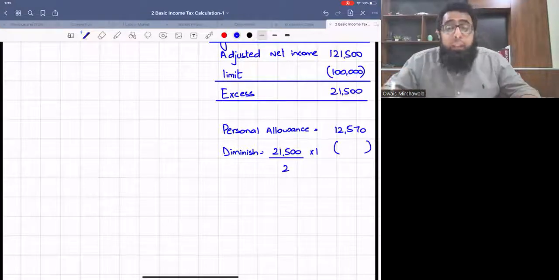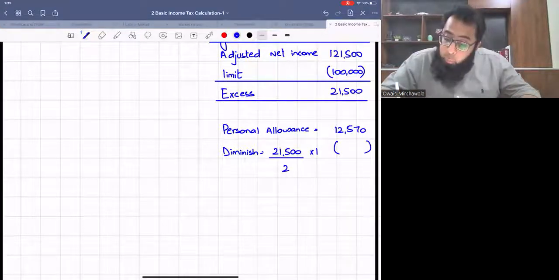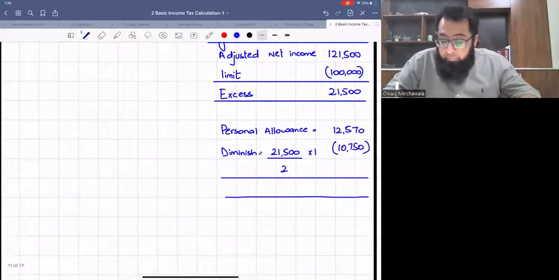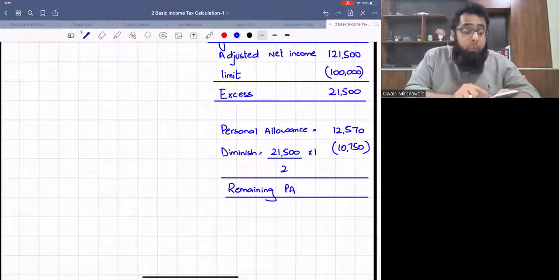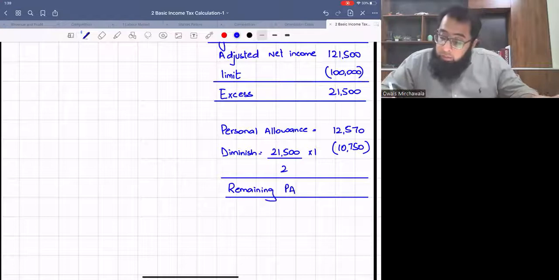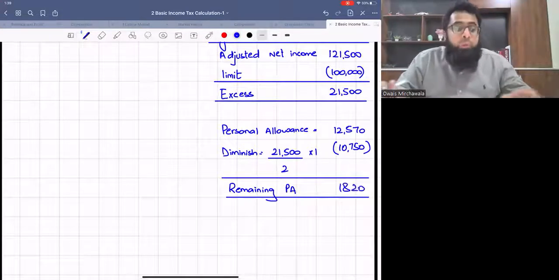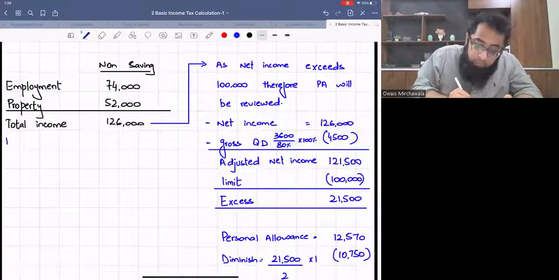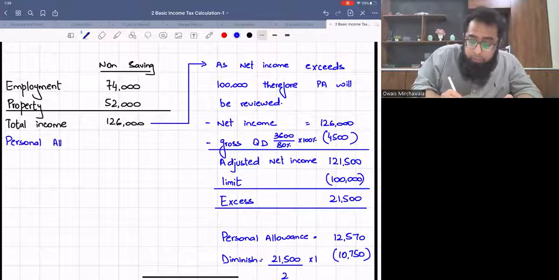For every 2 excess, the allowance diminishes by 1. So the remaining personal allowance in this question will be 12,570 minus the diminish, so it's 1,820. Now this remaining personal allowance will be deducted from our total income.